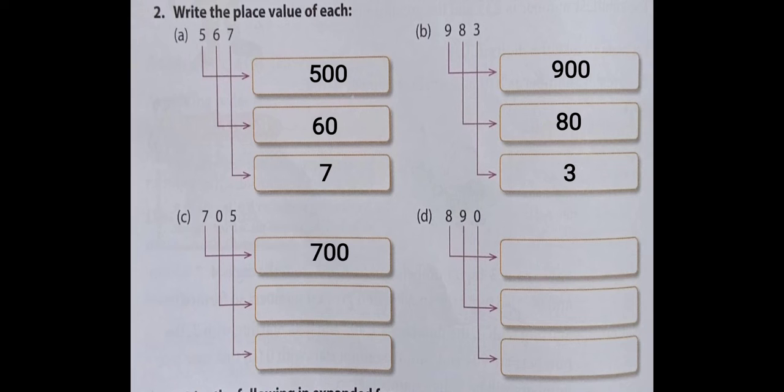Okay, 0 tens means 0 and 5 ones means 5. In last part, 800 means 800. This is the place value of 8. Place value of 9 is 9 tens, that is 90, and place value of 0 is 0 itself. Okay, this is question number 2.